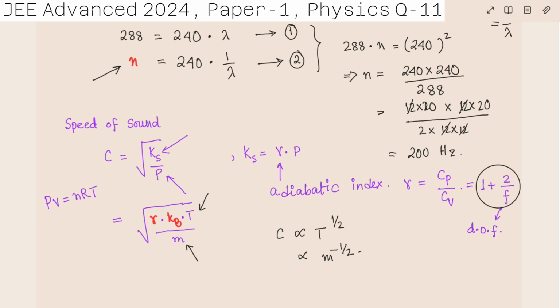So as we increase the mass of the single molecule, the speed of sound decreases, and if we increase the temperature, it increases in square root form, correct? Okay, so that's the information we can collect from the properties of the speed of sound.